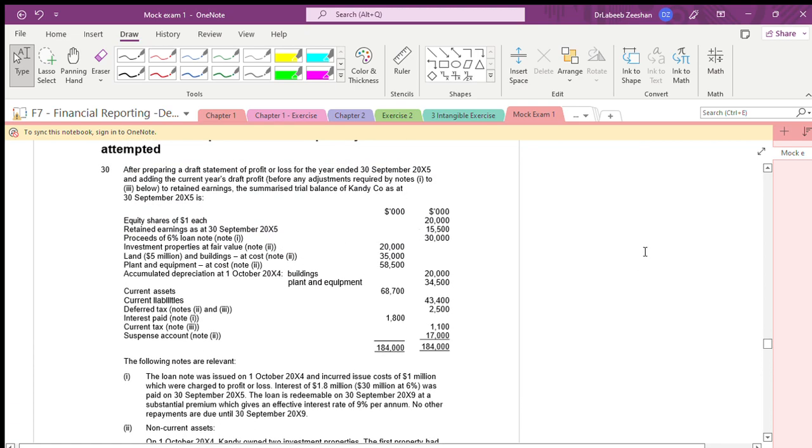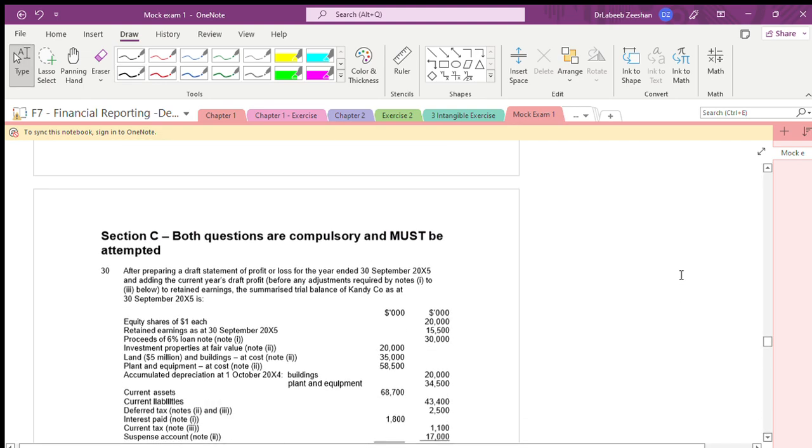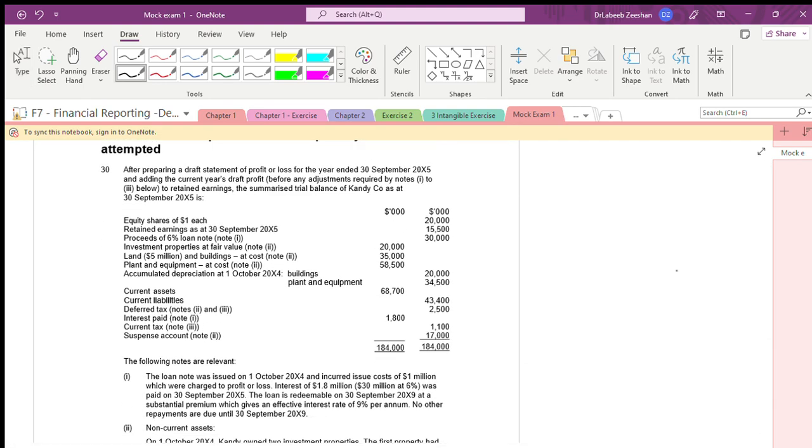They gave, after preparing a draft statement of profit and loss account for the year ended 30th September, and adding the current draft profit before any adjustments required by notes 1 to 3 below to the retained earnings, the summarized trial balance.